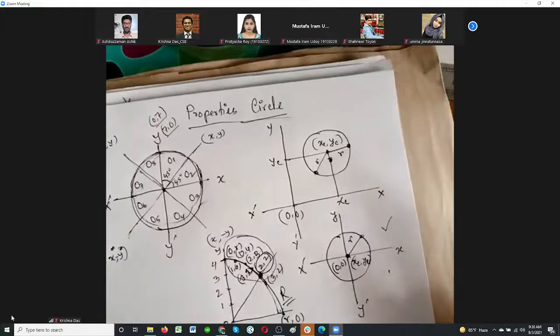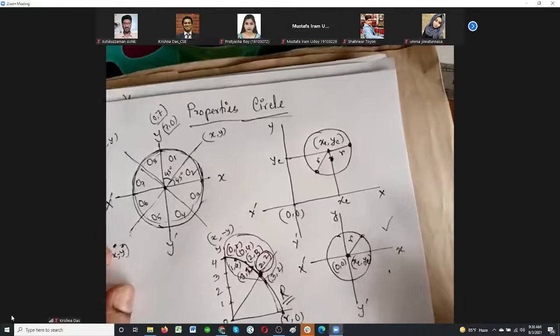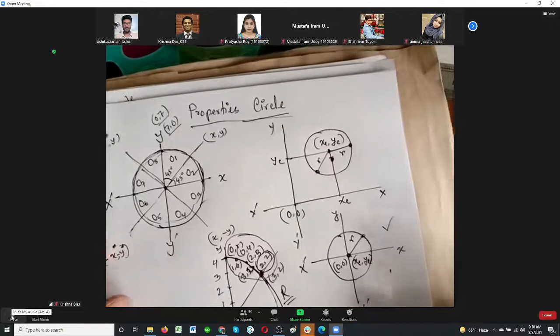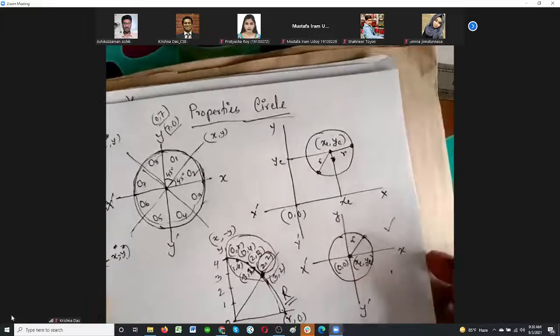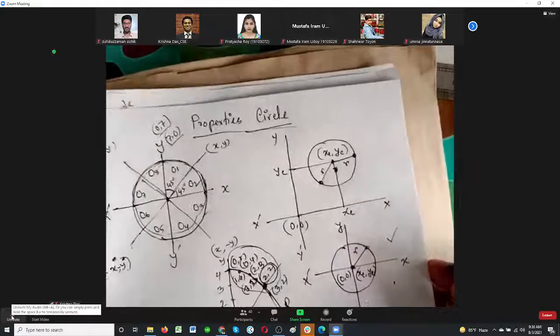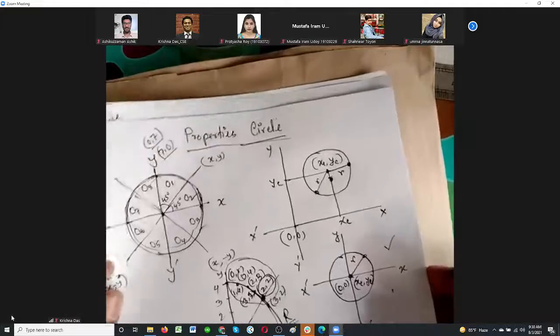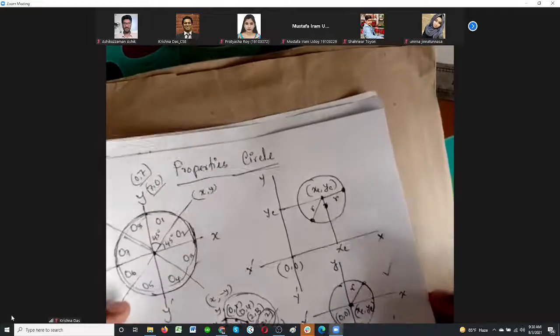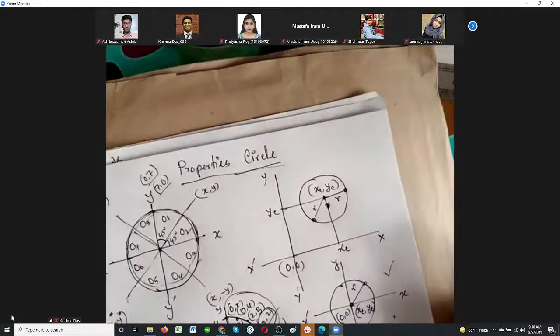Okay. For a line, the generic equation we have used is y equals mx plus c, right? Yes, sir. Can you remember some generic equation for the circle? Anyone can remember?